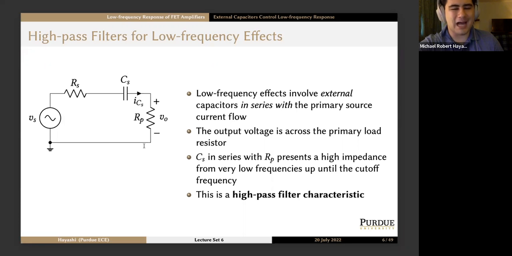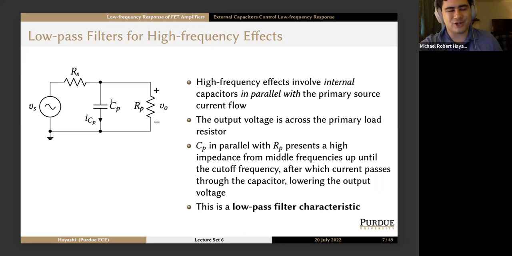We call this a high pass filter characteristic. So we're introducing high pass filters for the first time formally. Usually putting the capacitor in series with things makes for a high pass filter, which means it'll control our low frequency effects.